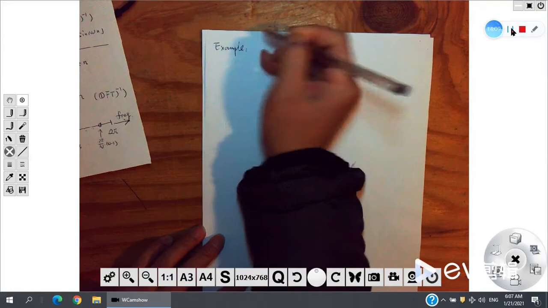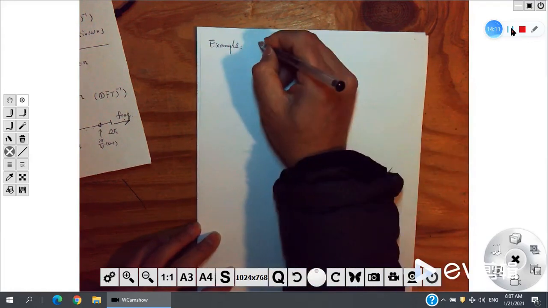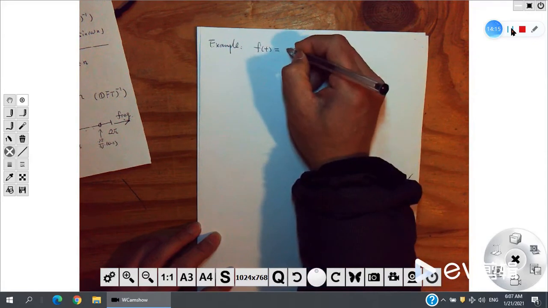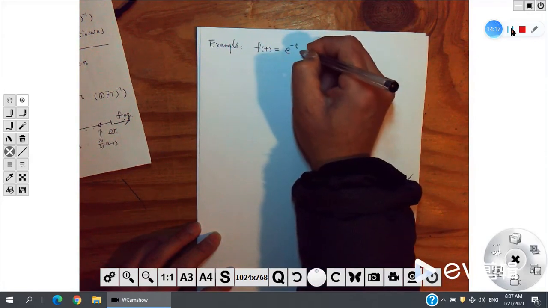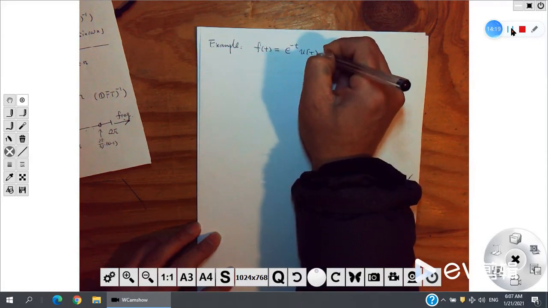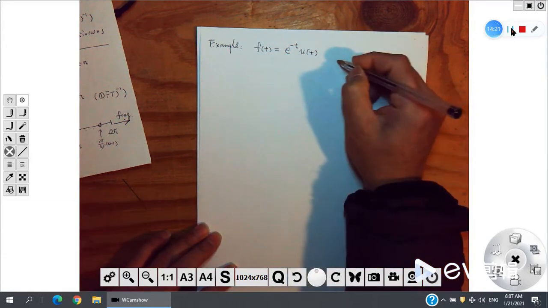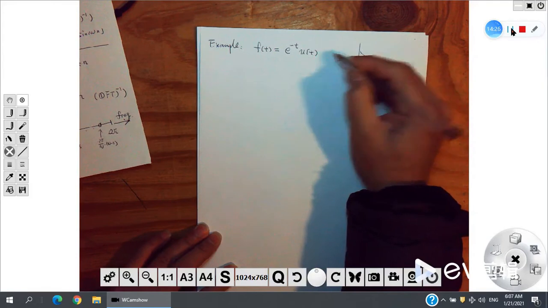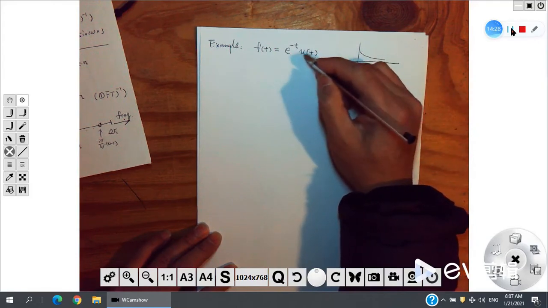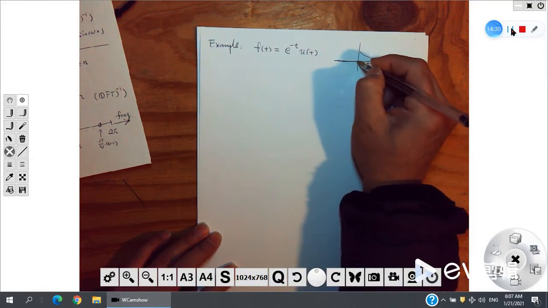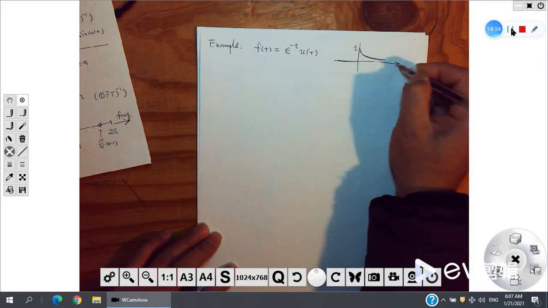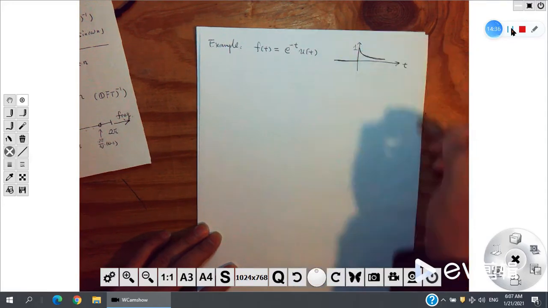We consider a signal f of t that is just e to the negative t times u of t. e to the negative t looks like this, and the unit step u of t is multiplied on it, so the resulting function looks like this. Here's 1, right? This is t. This is f of t.